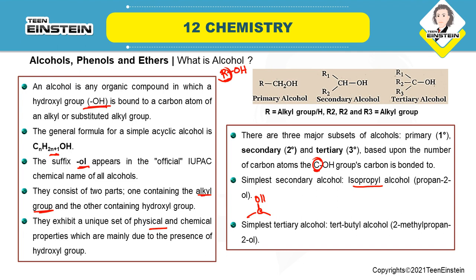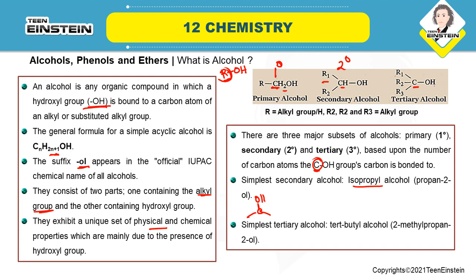So here we have the general expression for 1 degree, 2 degree and 3 degree alcohol. This is the carbon with which OH is attached, and this carbon is attached to 1 R group, that means 1 carbon and 2 hydrogens, so it is 1 degree. In case of 2 degree, this carbon is attached to 2 alkyl groups and 1 hydrogen. The tertiary alcohol is attached to 3 alkyl groups and there is no hydrogen.